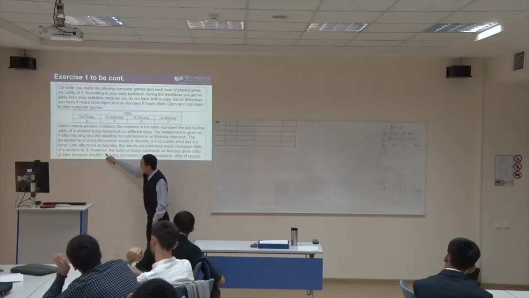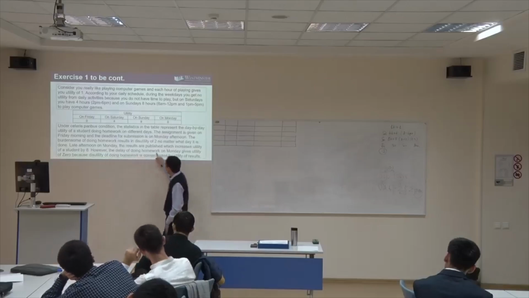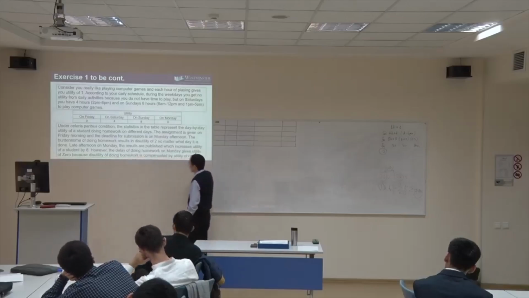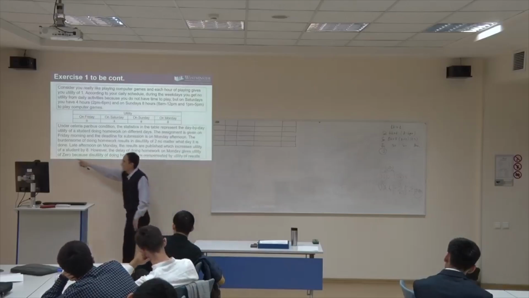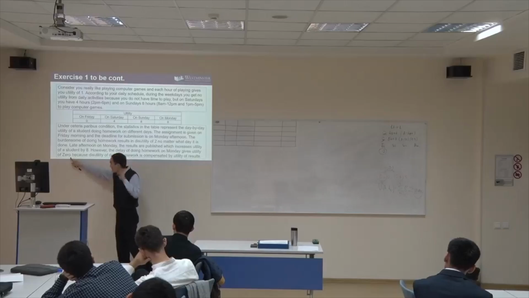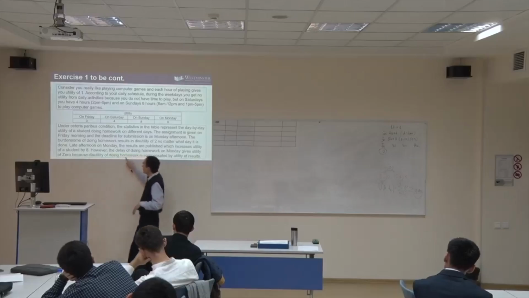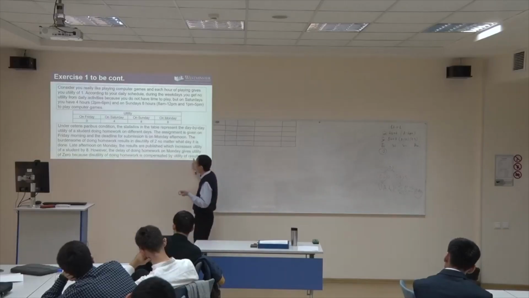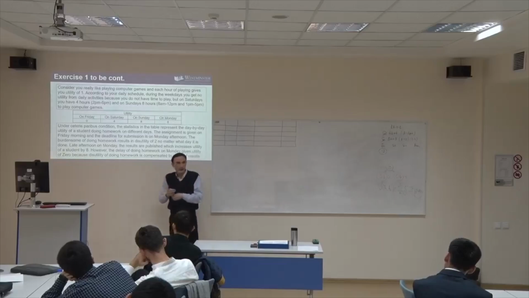However, the delay of doing homework on Monday gives utility of 0. If you do it on Monday, it will give you utility of 0, because the utility of doing homework, which is -2, is compensated by the utility of the results. You experience this utility of 2 at the same time your results are published, you are happy.